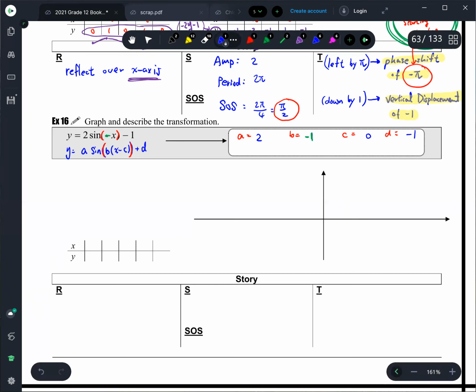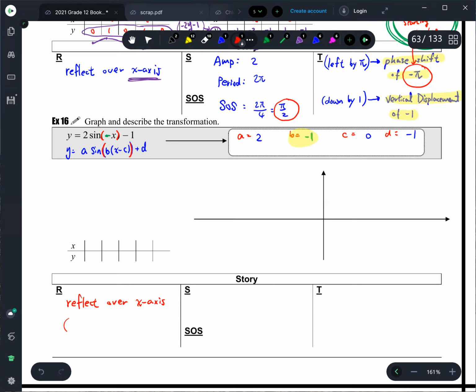Over Y-axis. Yeah, so for this one, this one is a special one here, okay? We have a negative with the x, okay? Negative beside the x. So you would have a reflection over x-axis. This is the first time we have reflection over x-axis.